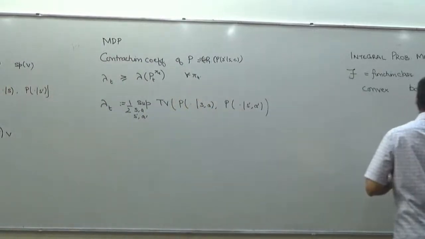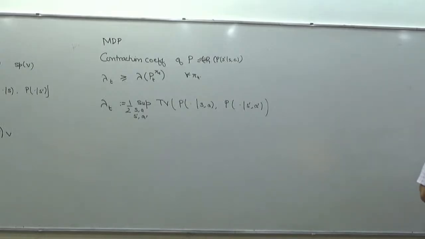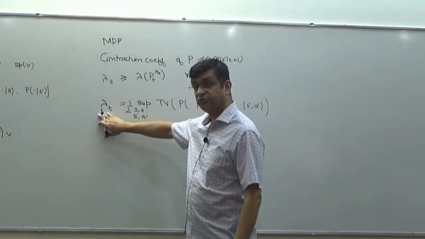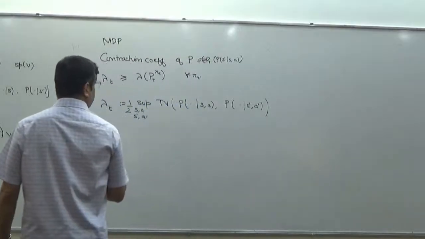Okay. So, given an MDP, there is an object which is called the ergodicity coefficient. This would imply the following.